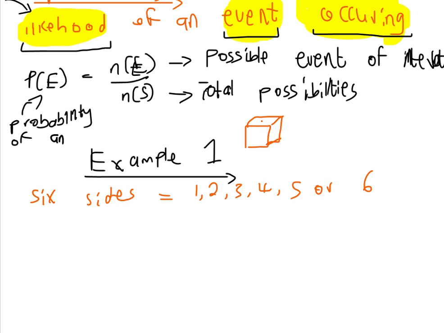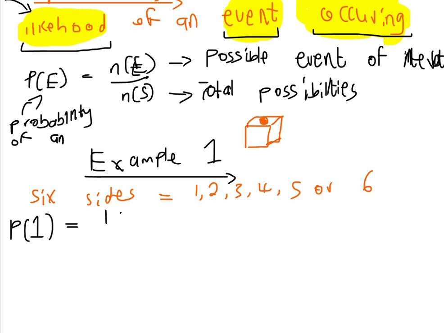If here is 1, the chance of getting a 1 is only 1 out of a total of 6. So the probability of me getting the number 1 when I roll a die: how many 1s do I have? How many possible events are there?